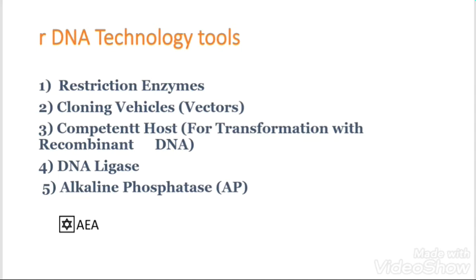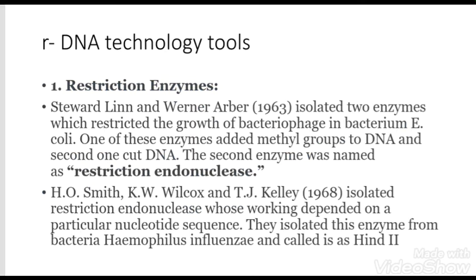This technique is widely used in different fields like cloning and vaccine production, and insulin hormone production also uses rDNA technology. The tools are restriction enzymes, cloning vehicles, competent host, that is the microorganism which we use in this experiment, and DNA ligase enzymes.